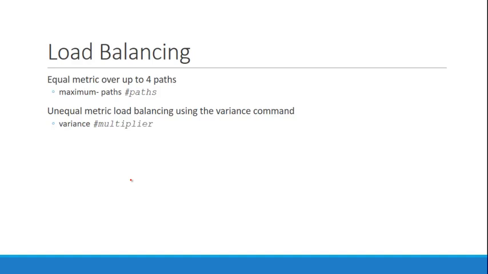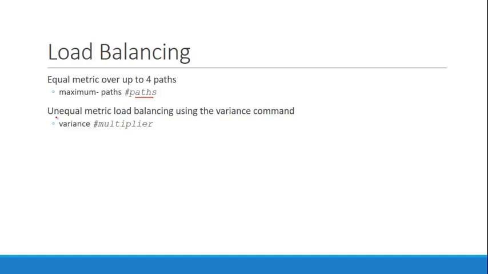So up to 4 equal metric paths will automatically be put into the EIGRP routing table. You can increase or decrease that using the maximum paths command and the number of paths you want to use. And we can change it to use unequal metric load balancing if I use the variance command.